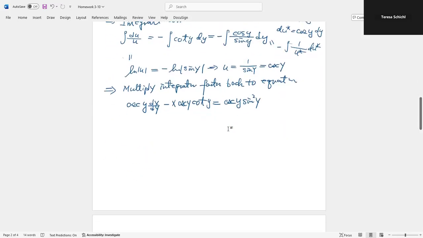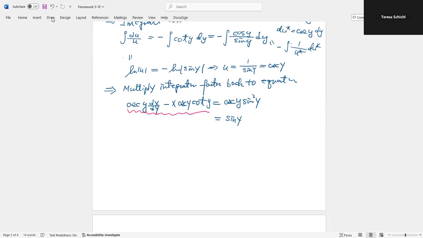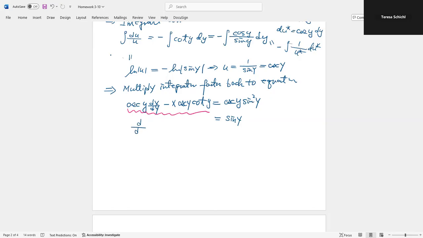Then on my right hand side, cosecant and sine are reciprocal functions of each other, so the right hand side will change to be sine y. Because this is the integration factor, the left hand side, like we always do, we can change to the product rule.